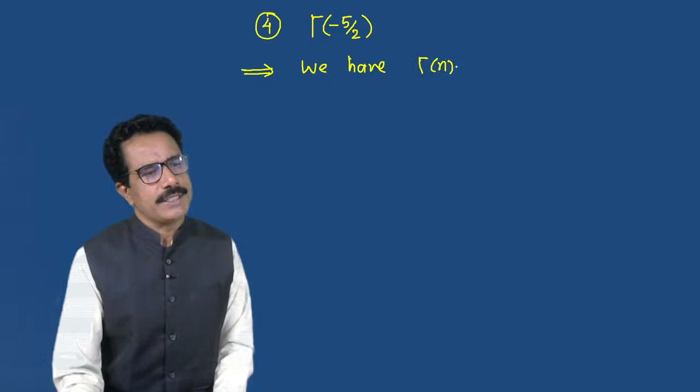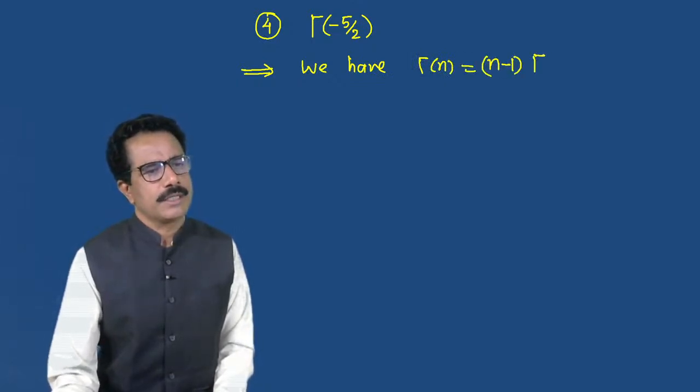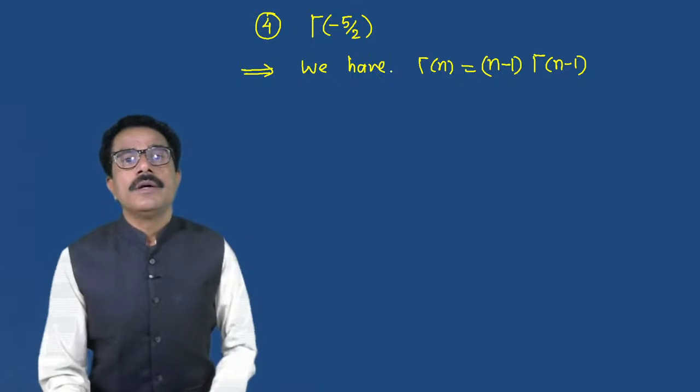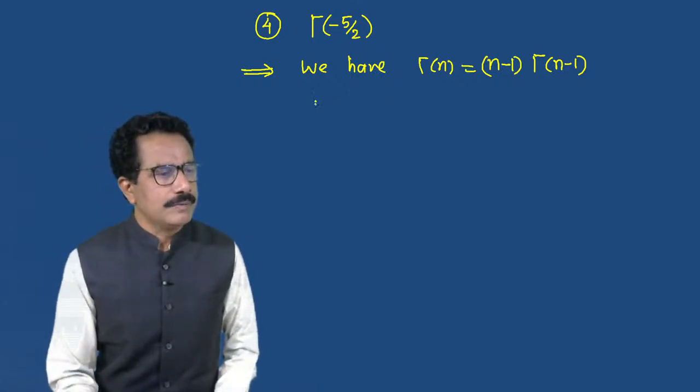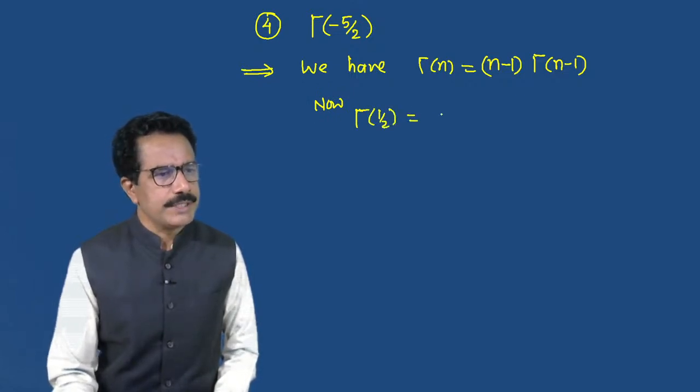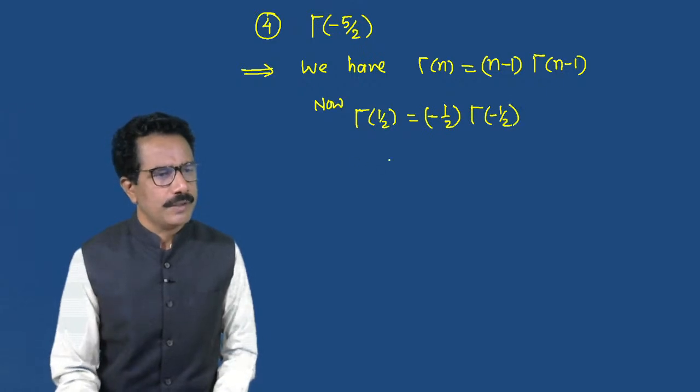Gamma of n is equal to n minus 1 gamma n minus 1, but we have to start this with gamma 1/2. Now gamma of 1/2 is equal to minus 1/2 gamma of minus 1/2.